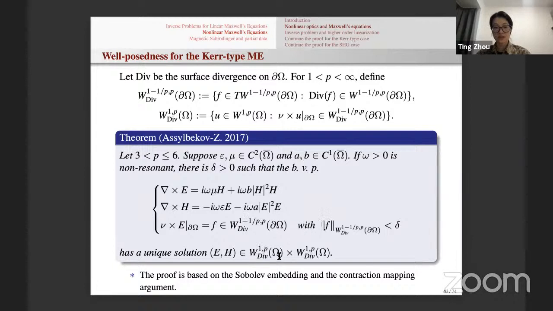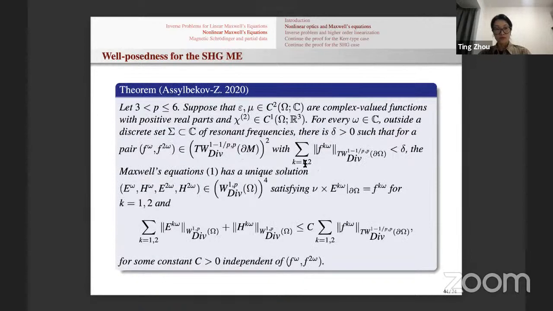So essentially, this is saying when your tangential boundary condition is small enough in this space, then you are able to show that the solution exists and has uniqueness. And this one is for the well-posedness for the second harmonic generation.